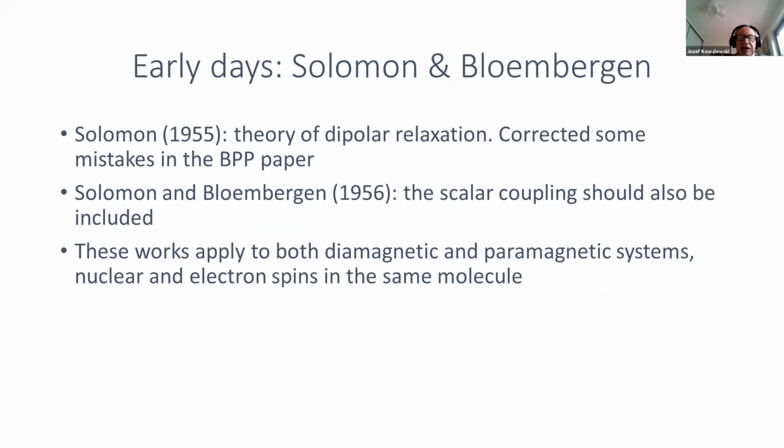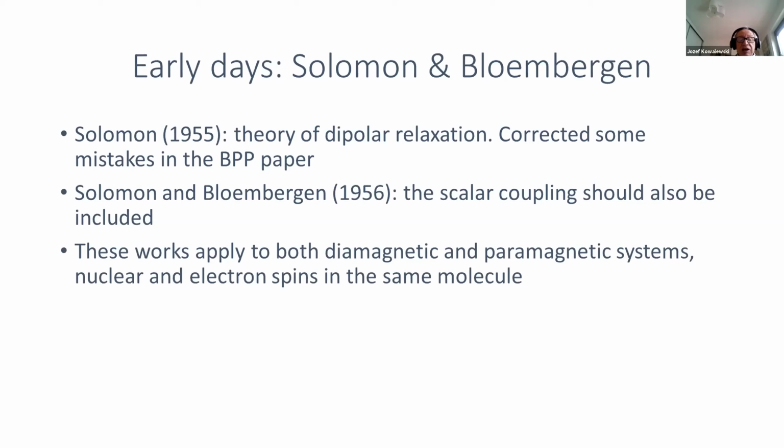Now, early days: I showed you already the very early days, but what I mean by early days is something from the middle of the 1950s. So Solomon in 1955 presented a theory of dipolar relaxation, which corrects some smaller mistakes of the BPP paper.